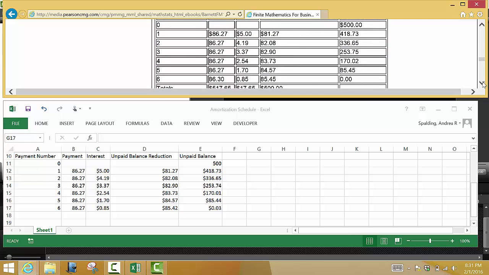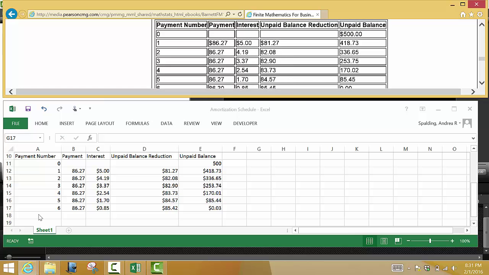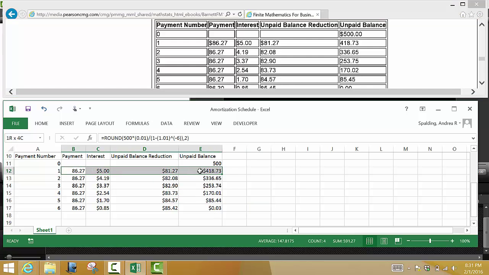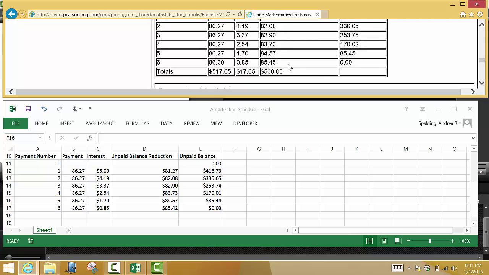What's nice about using Excel is that it allows us to do the calculations once and then click and drag, so we don't have to do all of that by hand in our calculators. As long as you get this first line correct, everything else gets dragged down. Now you will notice that at the very bottom of the schedule here, their last payment is $85.45, and we have $85.42.